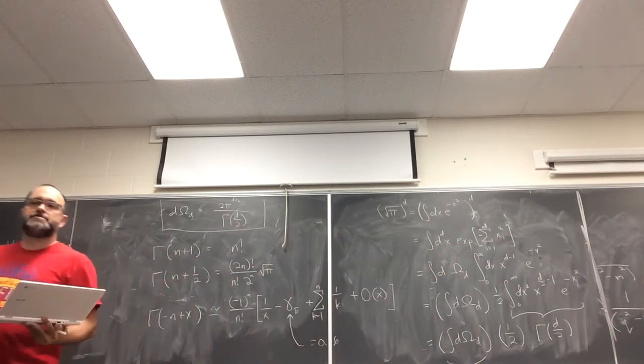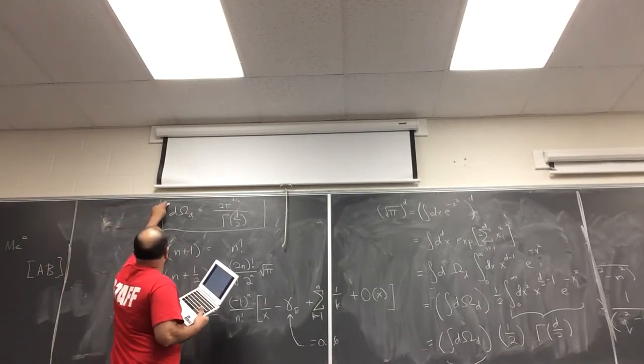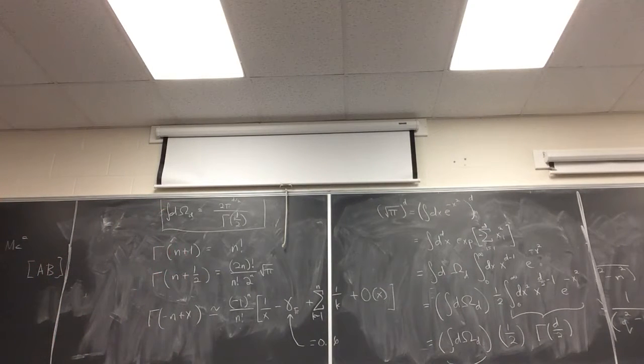Is it d omega d or d omega? What do you mean? It's just omega. Yeah, it's the integration. You mean, we can say omega d itself is the integration of d omega d itself, plus constant?